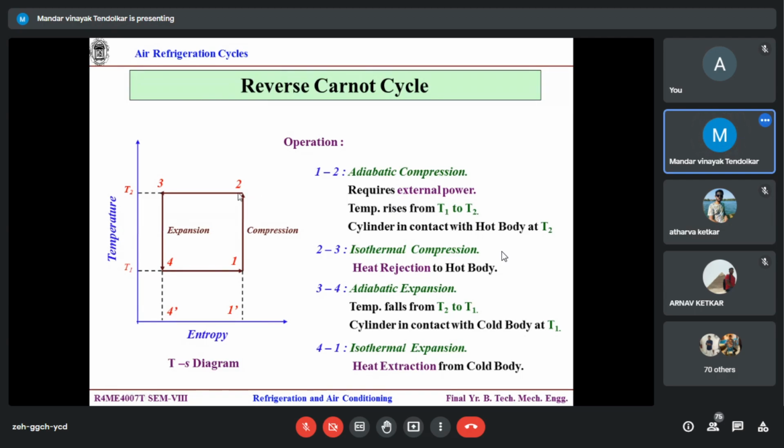Then heat rejection. Then again adiabatic expansion, and it is reversible, so isentropic you can see. And then isothermal expansion. So this constitutes my complete cycle. Here you require the power, here you generate the power, here you reject the heat, here you absorb the heat. This way it completes the cycle.